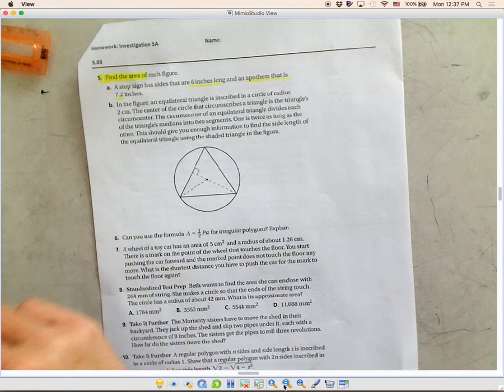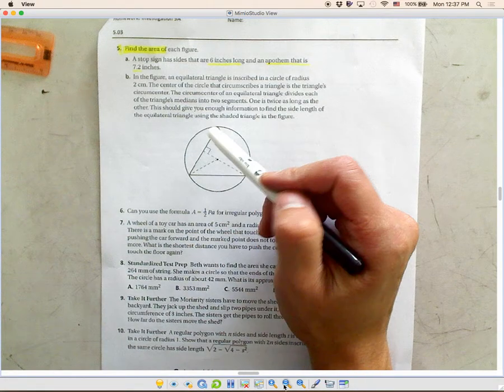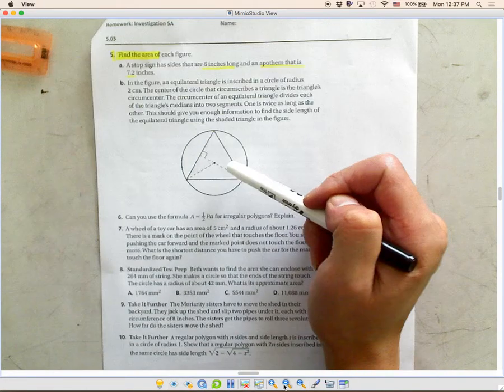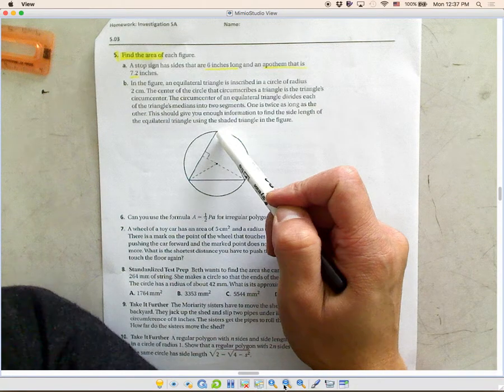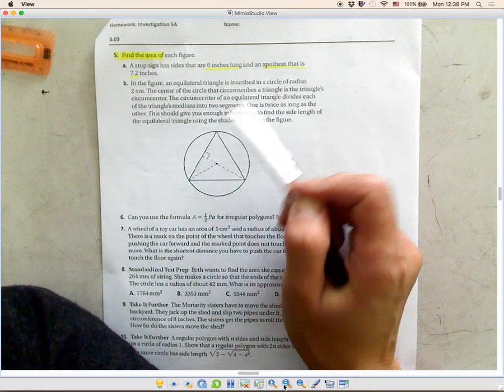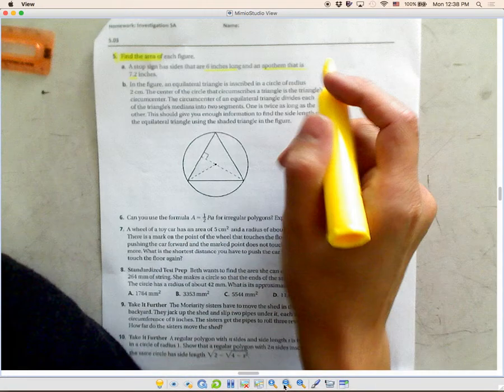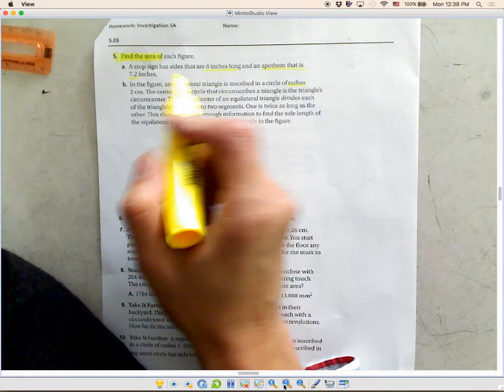Part B says in the figure an equilateral triangle is inscribed in a circle. That means the vertices of this equilateral triangle are just touching the edge of the circle. The circle has a radius of 2 centimeters.